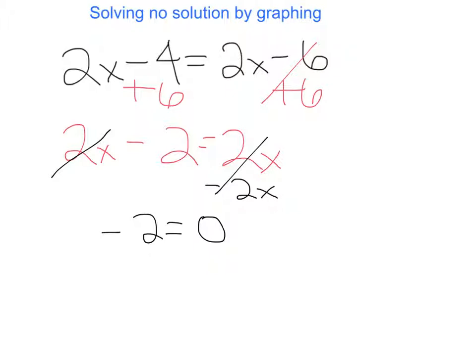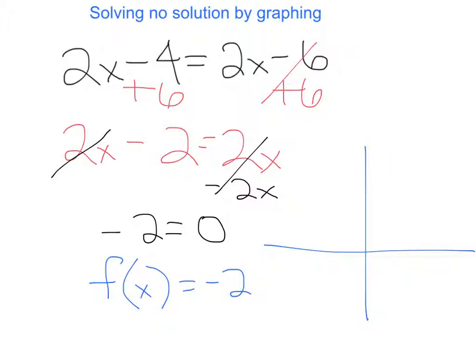So if we graphed the related function, f(x) equals -2, then the graph of the line would not intersect the x-axis. So if I had my graph, this is what my graph would look like, and because it does not intercept the x-axis, it is no solution.